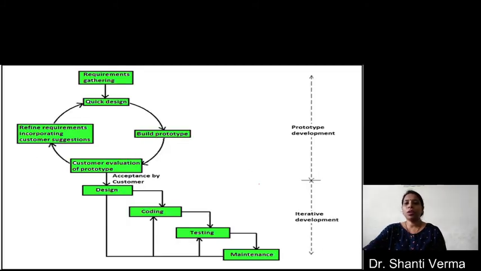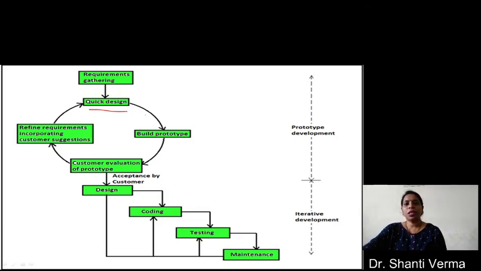In this figure, you can see the prototyping development and iterative development. The first step is requirement gathering, and after requirement gathering, the design phase starts. In this design phase, the prototyping development model is used.